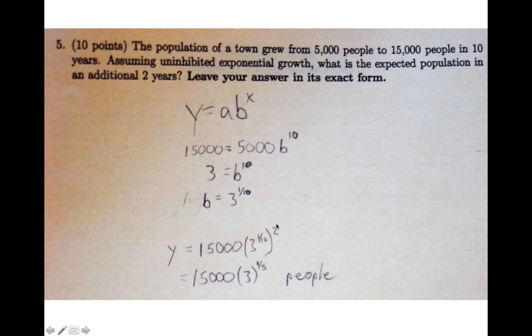I just simplified this power to power, you multiply, so 2/10 or 1/5, and we're leaving it in exact form. The 5th root of 3 is going to be some decimal if you want, so this is as exact as we can get it, and it's that number of people that we should be expecting 2 years after we're at 15,000.